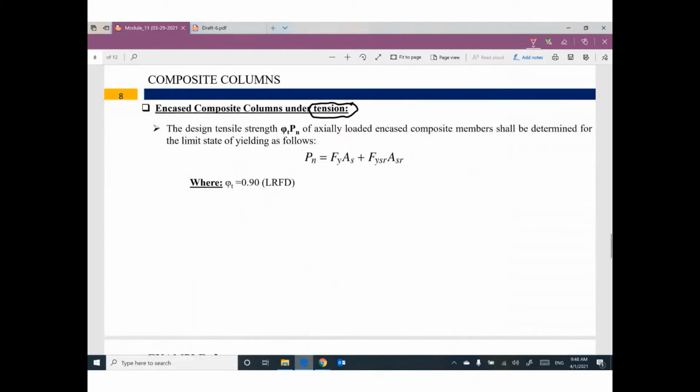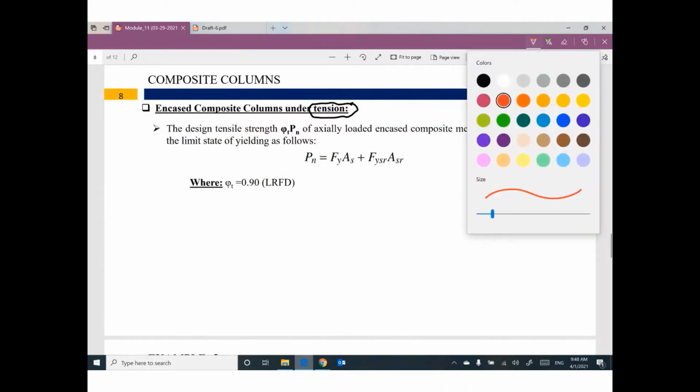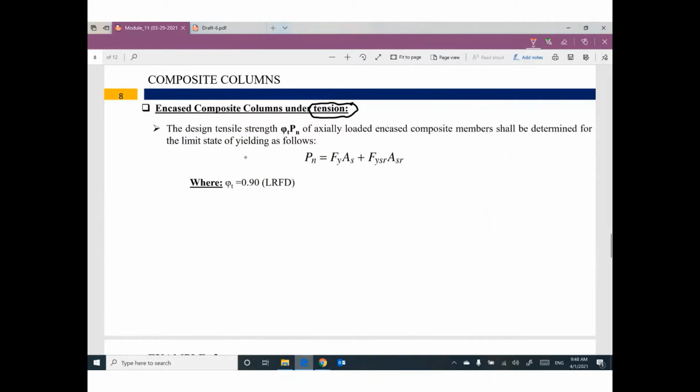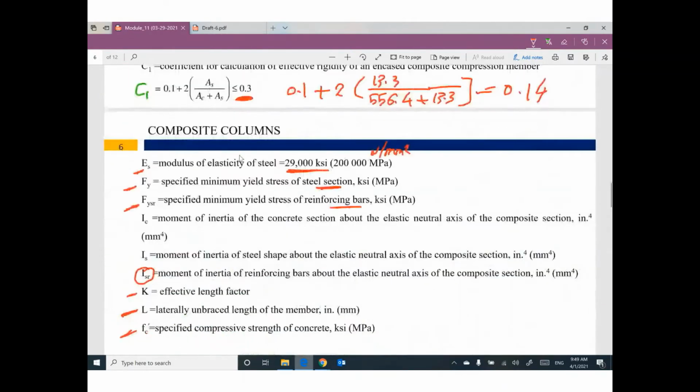So, if you are looking for the design tension strength of a column, in case the composite column, it will be phi Pn. The value of nominal strength will be F yield times area of steel, plus F yield of reinforcement times area of steel reinforcement only. One of you will say, hey, where is the contribution of concrete like you did last meeting?